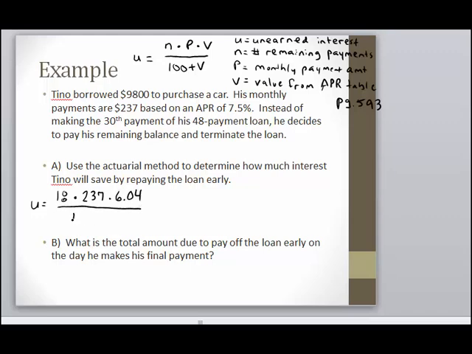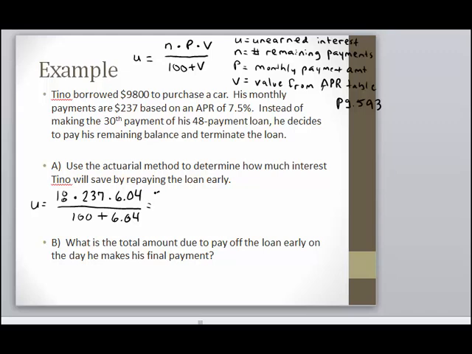For the denominator, we'll have 100, which is a fixed value, plus the V value again, so plus 6.04. Now, when we calculate this, on the top, we're going to have 18 times 237 times 6.04.